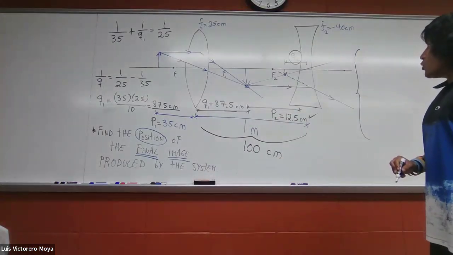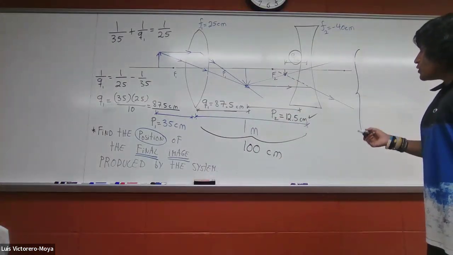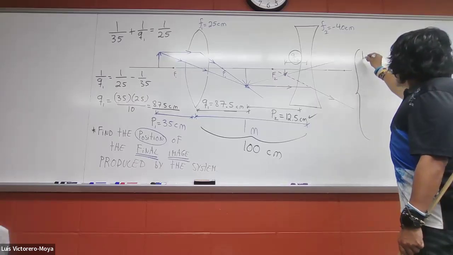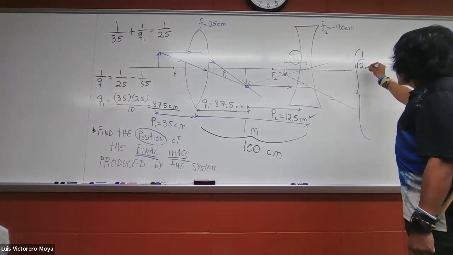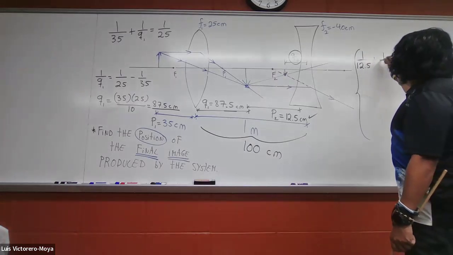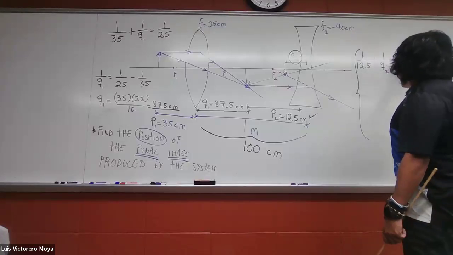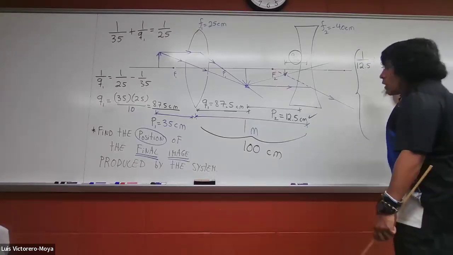So we're going to find Q2. To find Q2, we do the lens equation again, right? 1 over 12.5 plus 1 over Q2 equals negative 1 over 40.